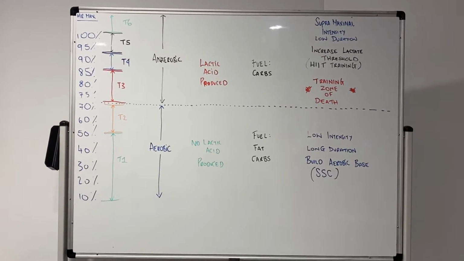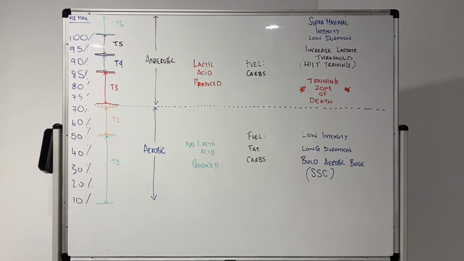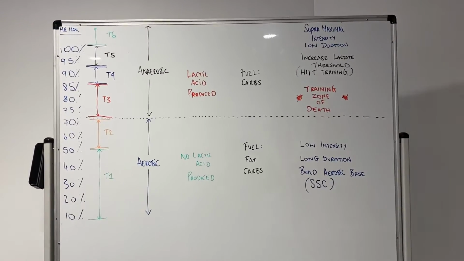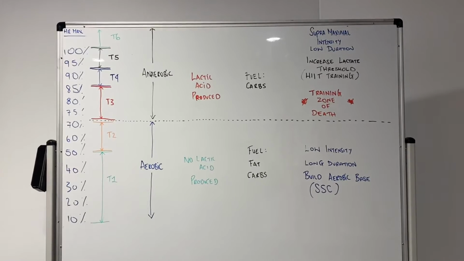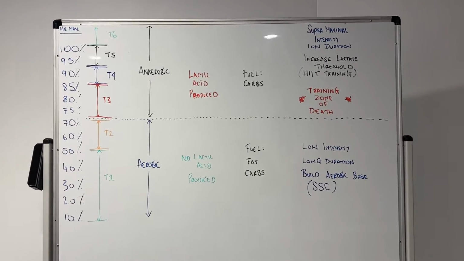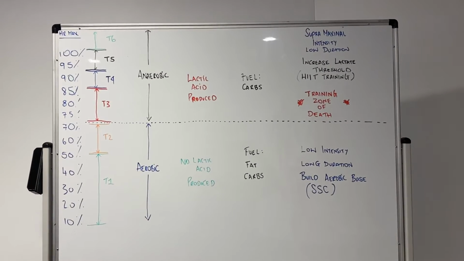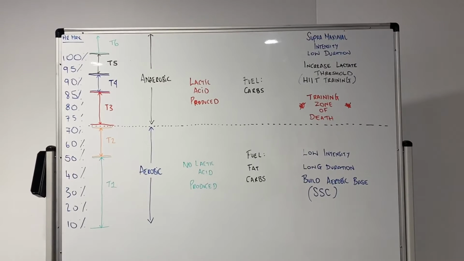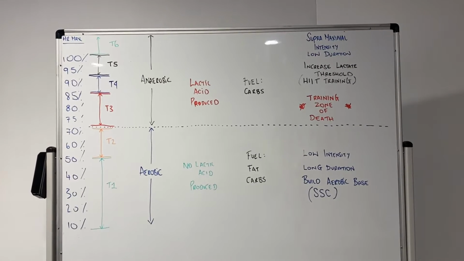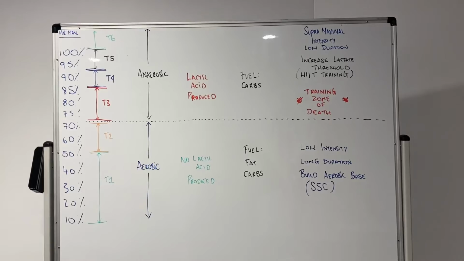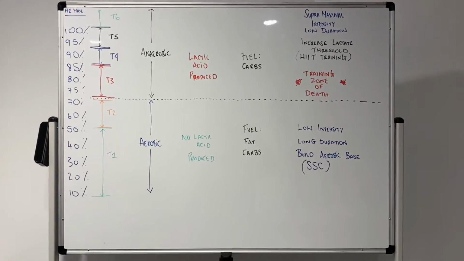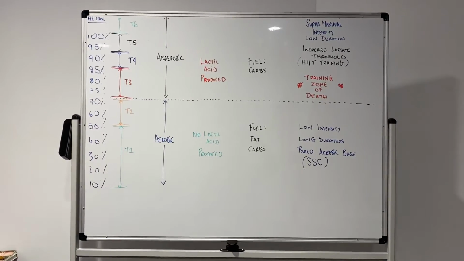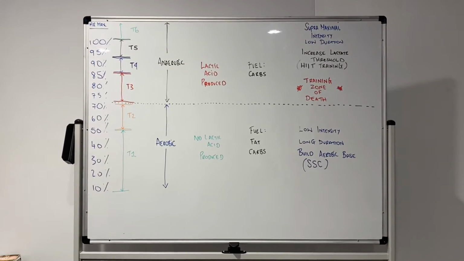As we go up that intensity line on the left-hand side, we get to training zone 3. We're talking about the onset of lactic acid, up to around about 85%. As we increase in our intensity, as you know as a training individual, you will produce more and more lactic acid.